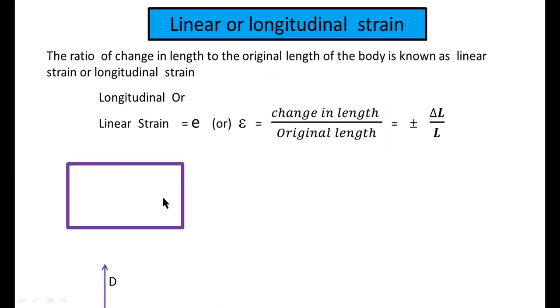When you apply tensile or compressive loads on the body, there is an increase or decrease in length when you apply two equal and opposite loads. The ratio of the change in length to the original length of the body is called linear or longitudinal strain.